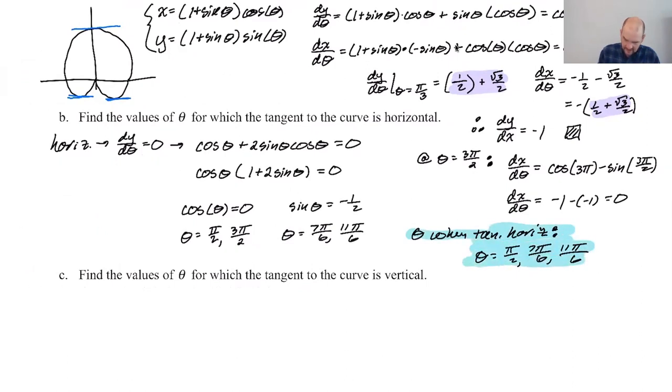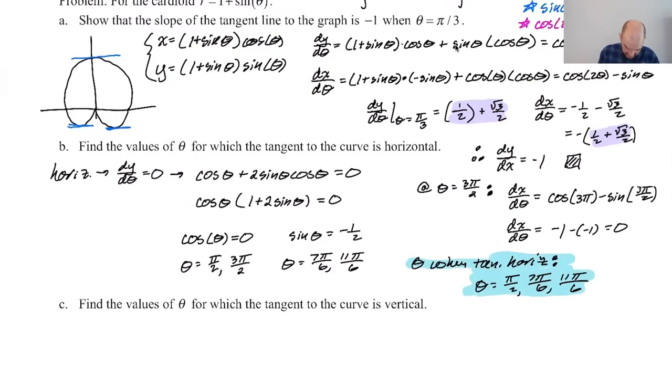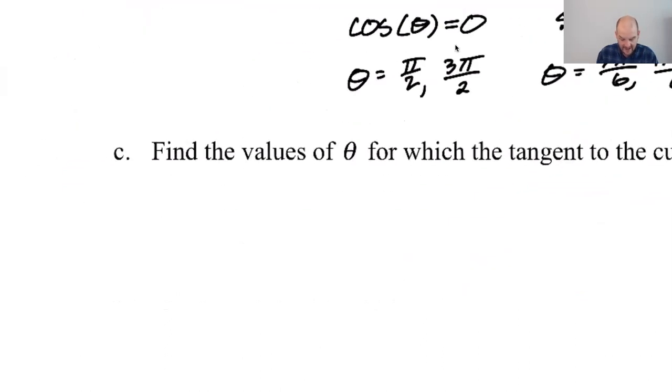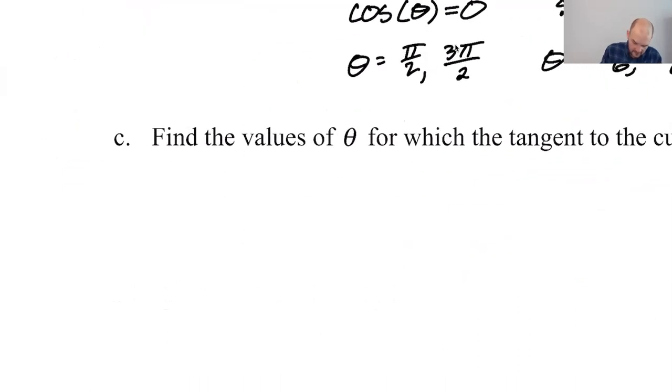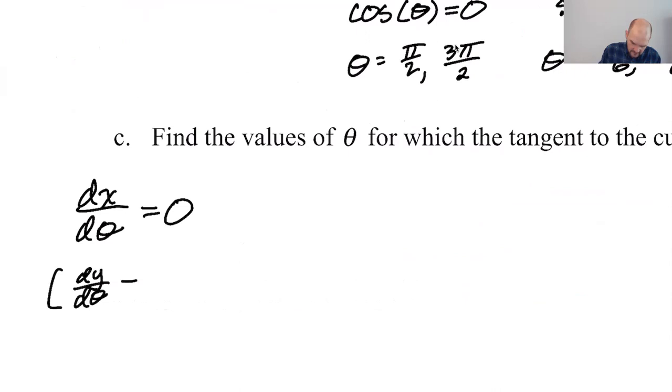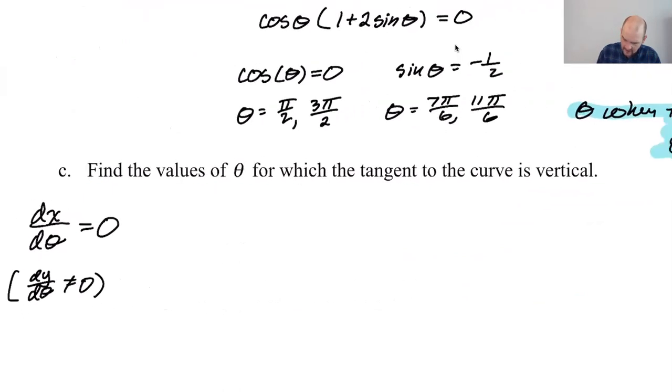So when is the tangent line vertical? Is there a super good way to do this? Okay, well, I don't know about a super good way, but I need dx d theta to equal 0 and dy d theta to not equal 0. So dx d theta equals 0, dy d theta not 0. Not necessarily 0, it could be 0, but we have to watch out for that.